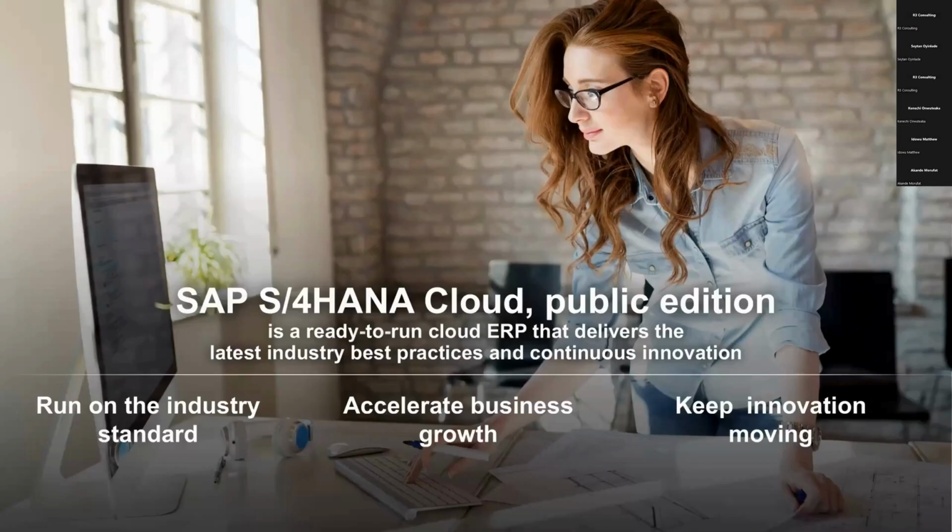So S/4HANA is a ready-to-run cloud ERP that delivers the latest industry best practice and continuous innovation. It is a full software as a service, that is SaaS, cloud native ERP that lets you move fast and innovate. Now, let's start by looking at the industry standard that is delivered by S/4HANA.